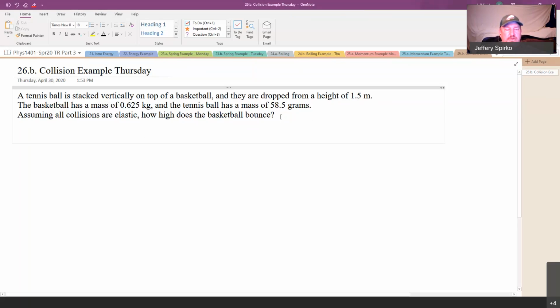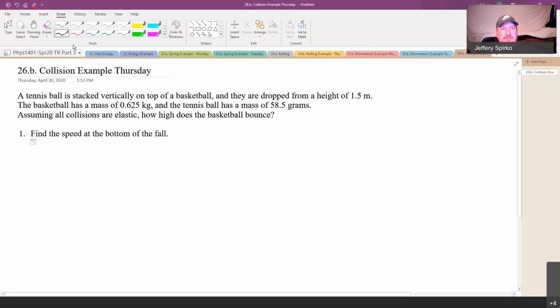So the first step is to find the speed at the bottom of the fall. And for that, we're just going to use mgh is equal to 1/2 mv squared. At the top of the drop, the kinetic energy is 0, so it doesn't appear on the left-hand side of the equation.